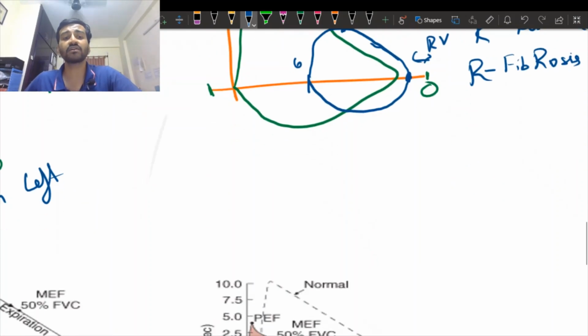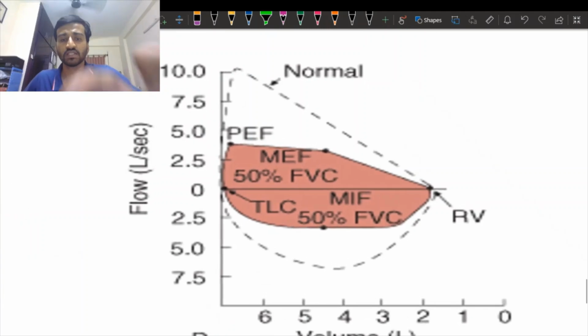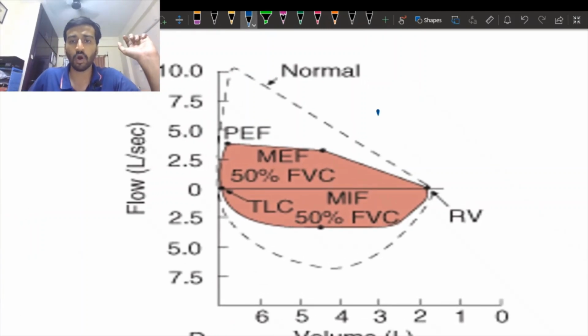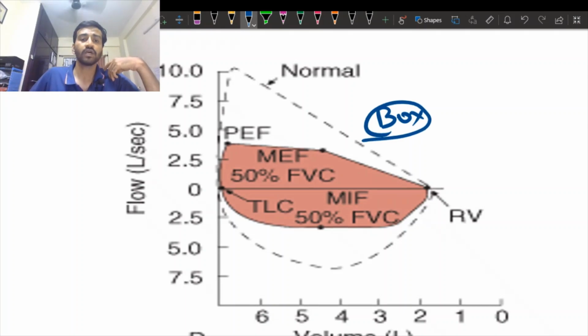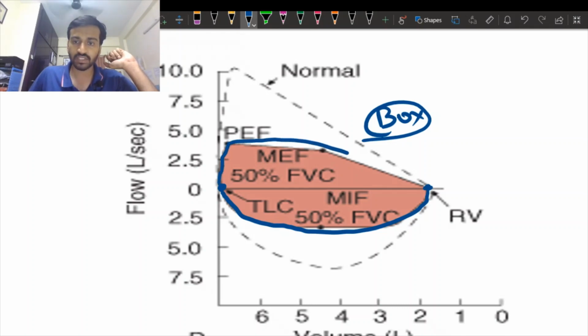And there is another curve which we will see here. See this. This looks like a box. What is happening? See the normal TLC, normal RV, and post expiratory volume is also normal, but you see the flow rate decreased in both expiration and inspiration.